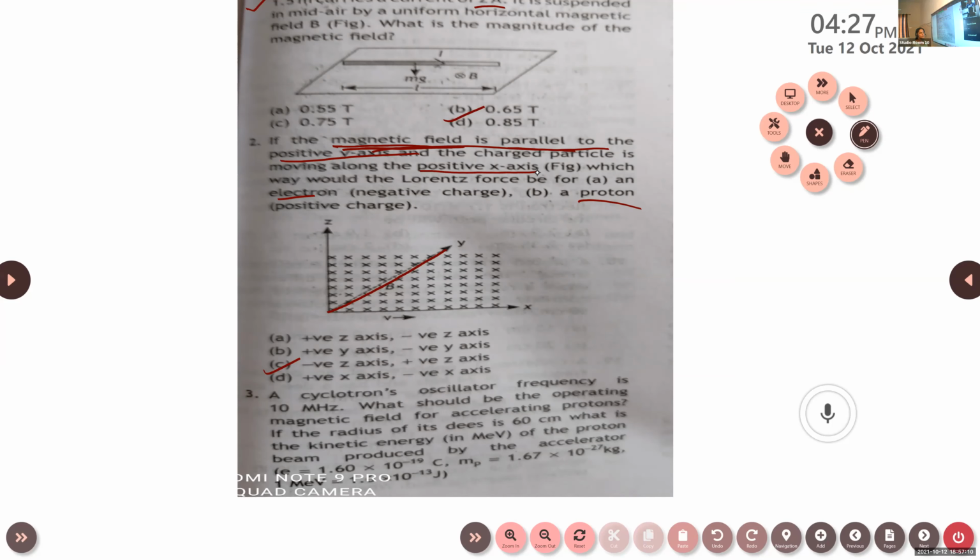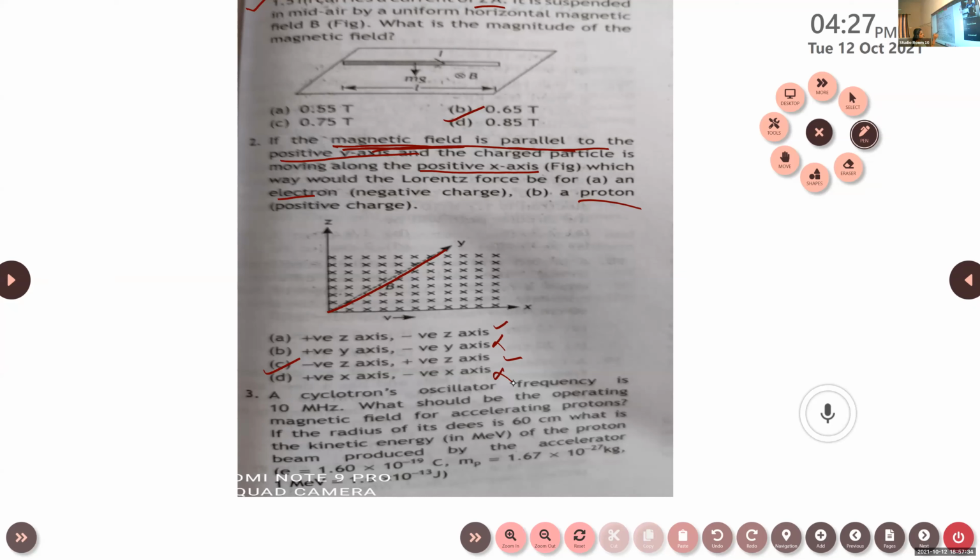So the other possible direction for the Lorentz force is along the z-axis. Then only we can say they are mutually perpendicular to each other. So here we have two options, option A and option C. Actually, options B and D are wrong. Then we may be confused between these two alternatives, option A and option C.